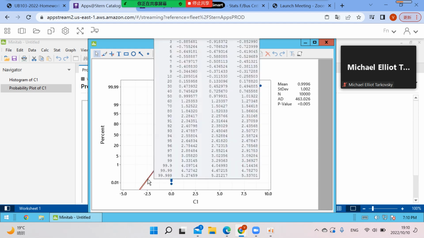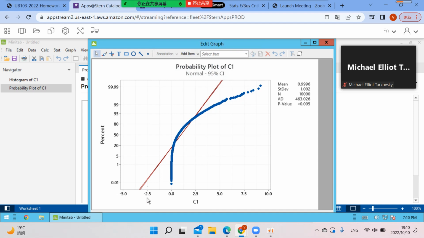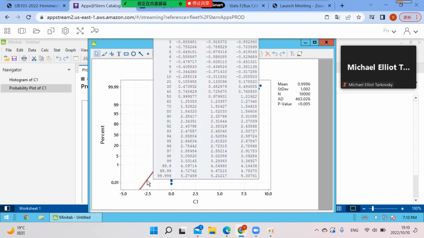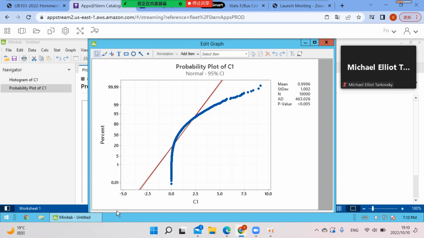If you look at the intersection between x equals negative 2.5 and the red line, the y value is just a little bit greater than 0.01%, which is 0.0001. So from a standard normal distribution, it's very unlikely to observe a data point which is 2.5 standard deviations away from the mean. That gives you a basic intuition of how that red line works.